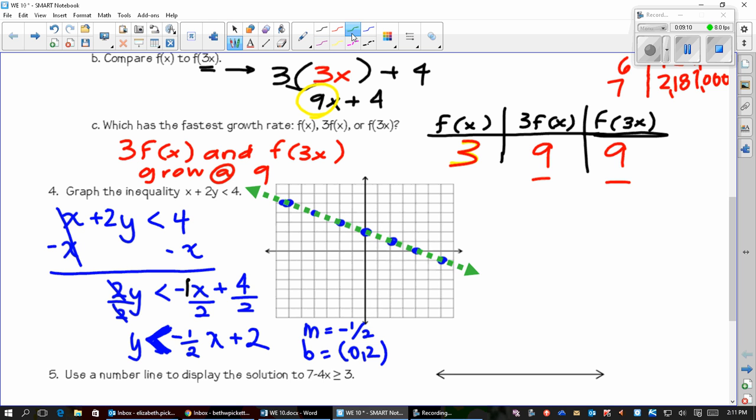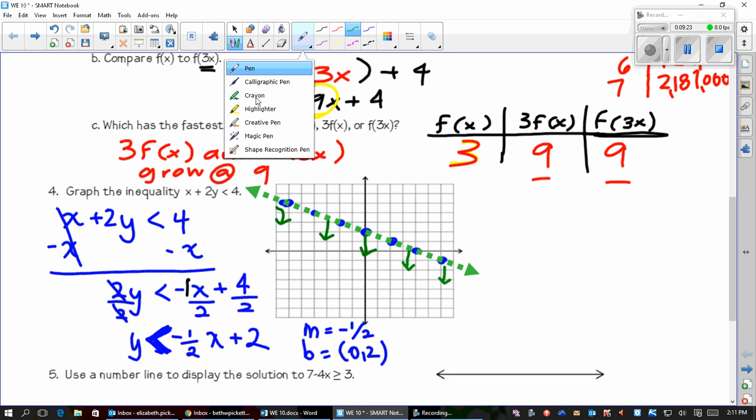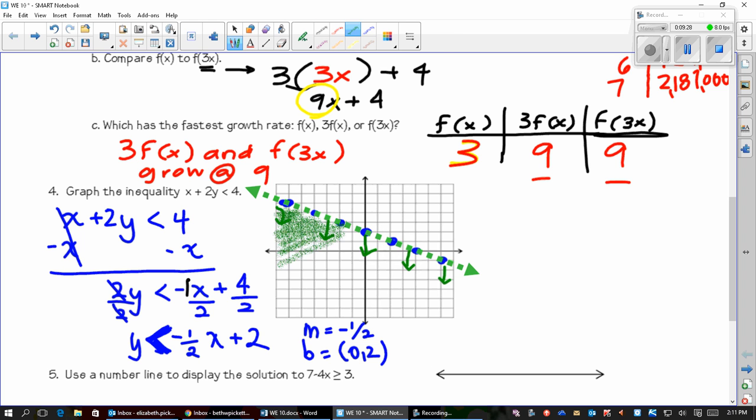Okay? All right, and then because the y values are less than this line, then I want to shade y values that are below that line. Okay, so if I color this, everything that satisfies this, it's all the points that are below that boundary line.